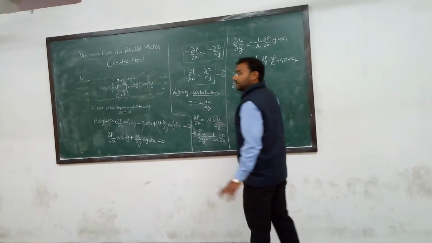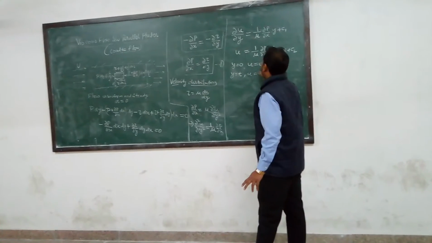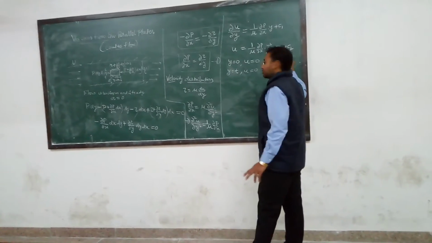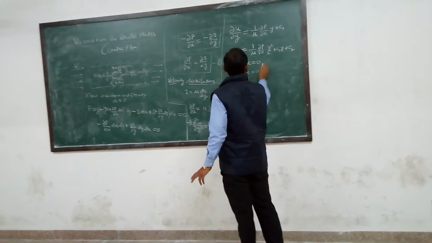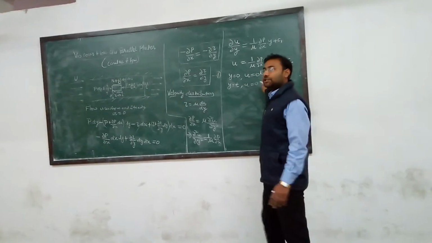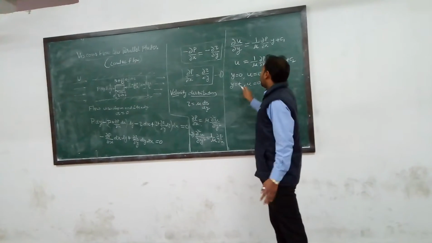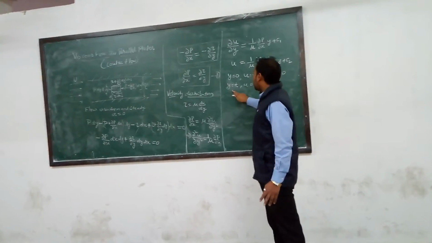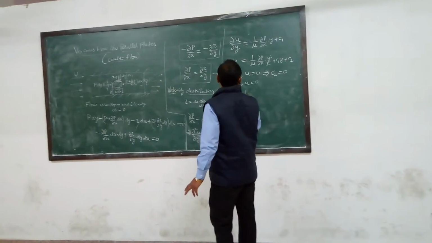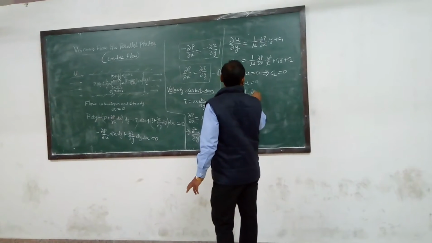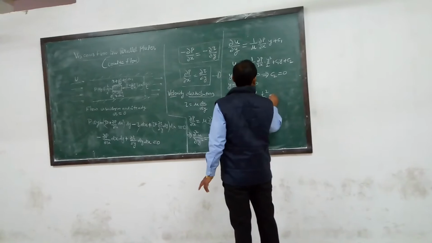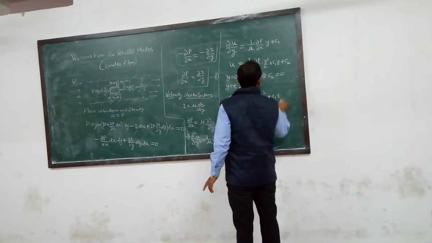So when we put y equal to 0, u equal to 0, this term becomes 0, this y becomes 0, so c2 will be 0. With the help of this boundary condition, c2 will be 0. Now put y equal to t and u equal to 0, we get 1 by 2 mu del p by del x t square by 2 plus c1t.